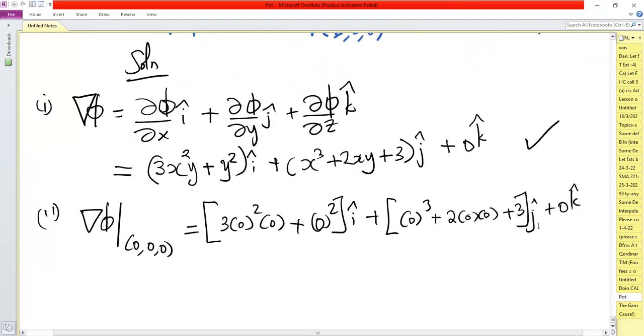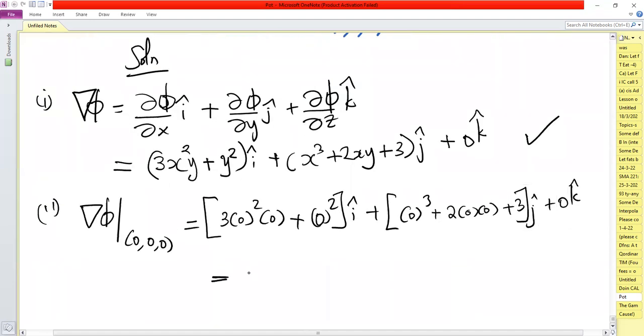So when you work this out, you get i component 0, j component 3, and k component 0, which can just be written as 3j.